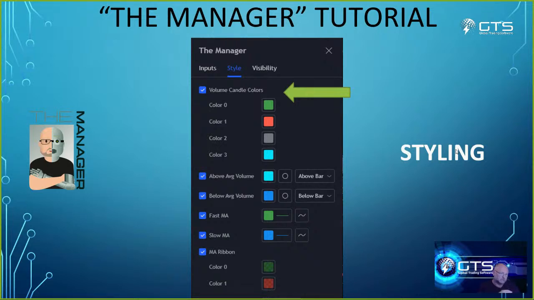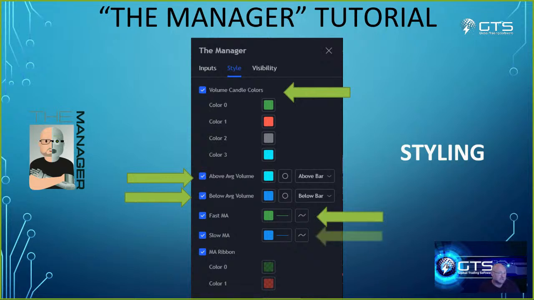So we don't want to change those, but you can if you wish. For the above average volume, you'll see this on the charts, it'll be a cyan circle above the candle. But you can change that to a square, a triangle, whatever you want. You can change the color there as well. And at the moment, the default is a blue circle underneath the candle for below average volume.